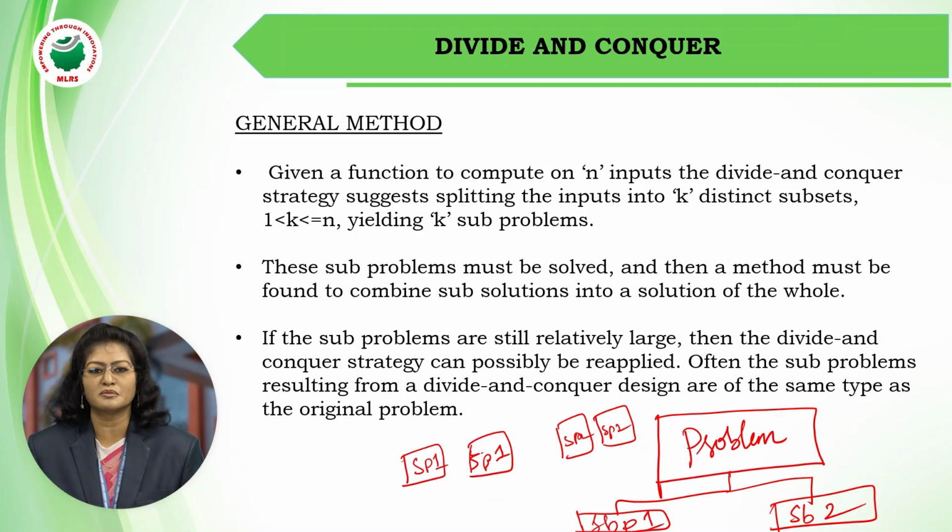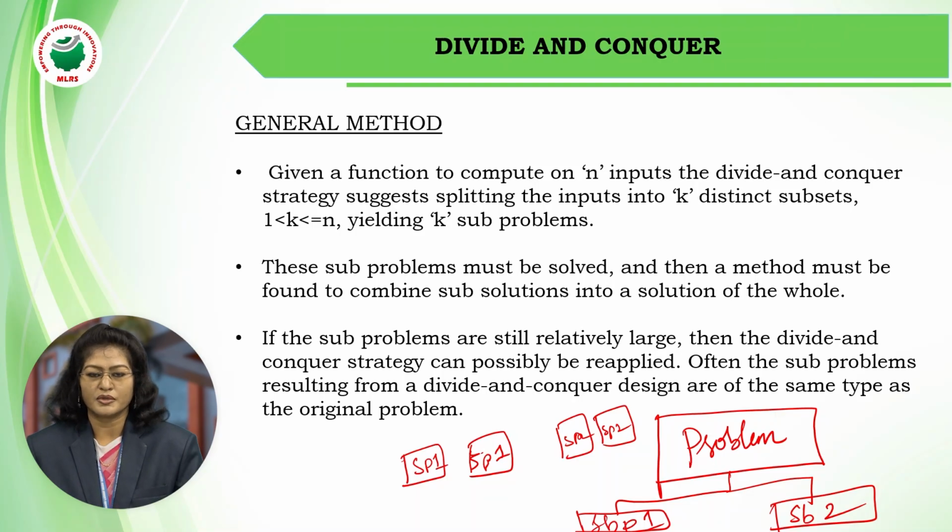For each and every sub-problem, we need to find the solution. That is called conquer. After that, we combine. So this is the method called divide and conquer.